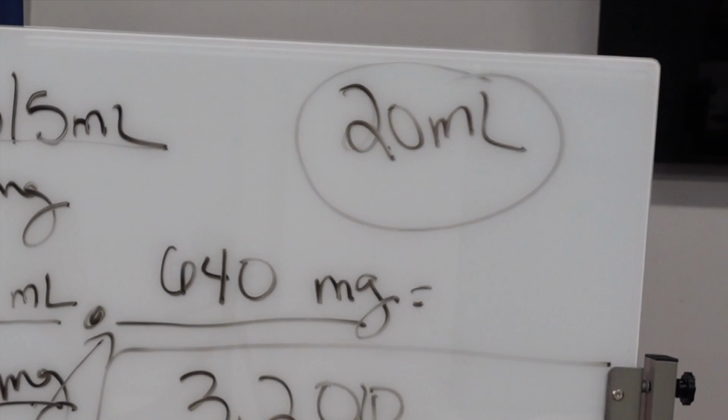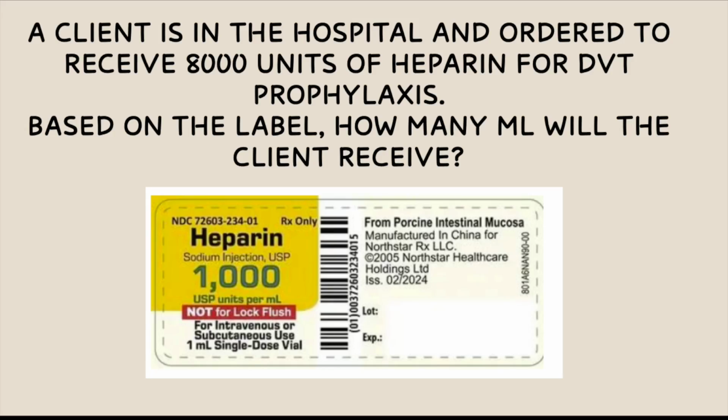The next problem is a client is in the hospital to receive 8,000 units of heparin for DVT prophylaxis. When you look at the label, what's available?